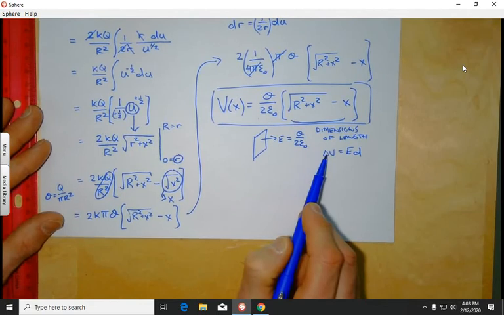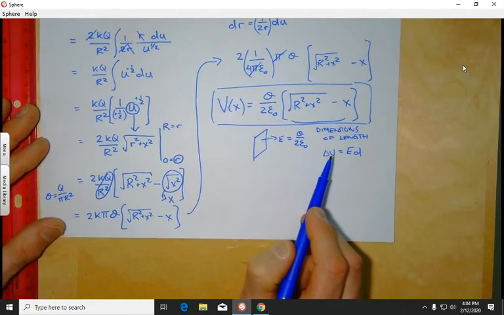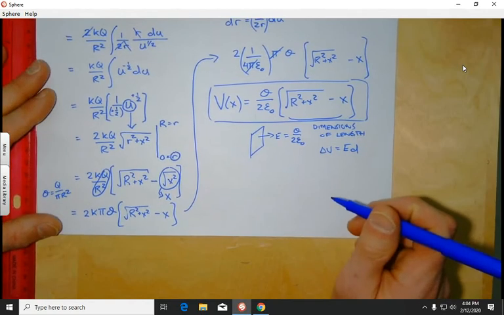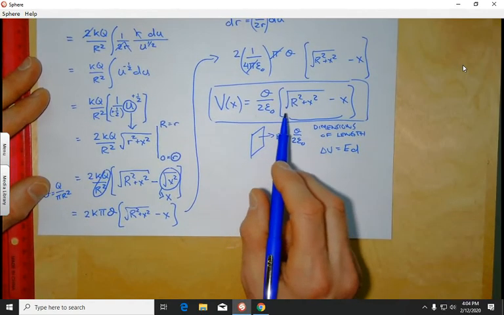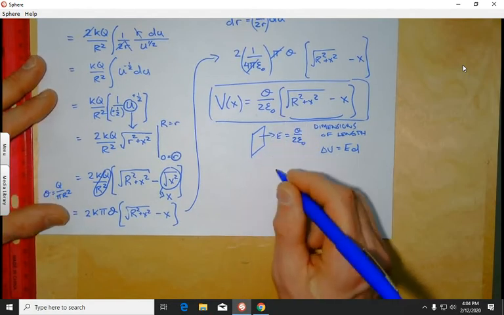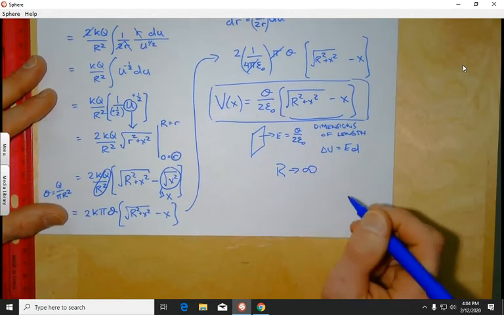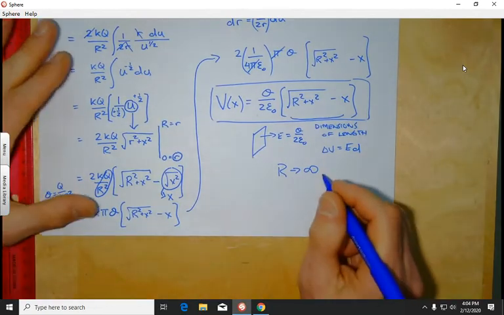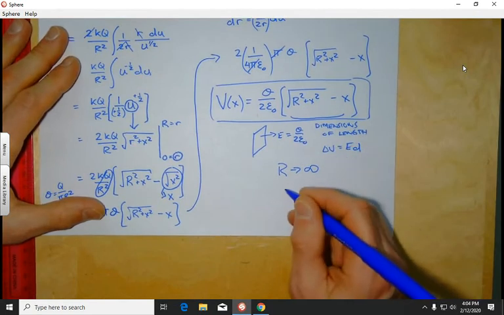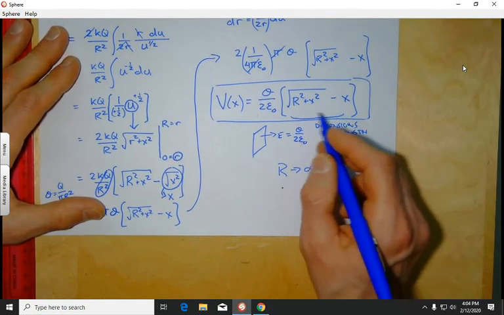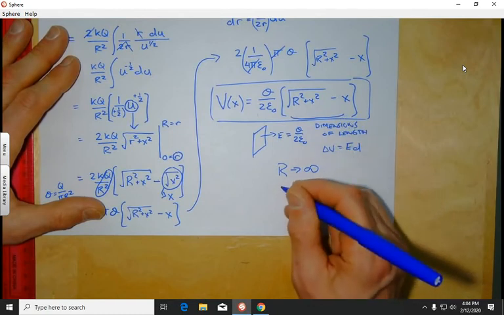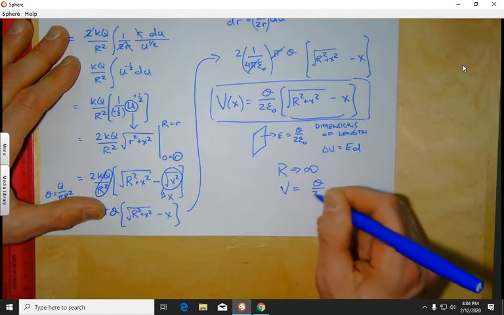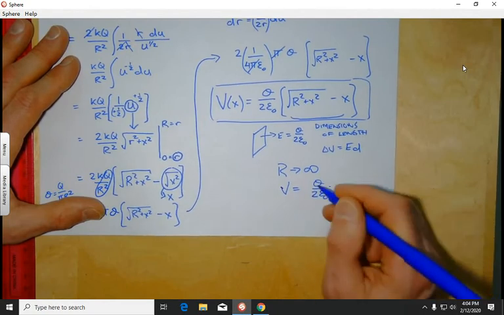But I'm making the argument that it's starting to look like a potential that you would expect from a sheet. Okay? And it goes a little bit beyond what I want to do with this video. But it's pretty easy to show that if you make R infinity, all that stuff kind of disappears, and you can show that the potential more or less is going to go just down to something like that, V is something like that.